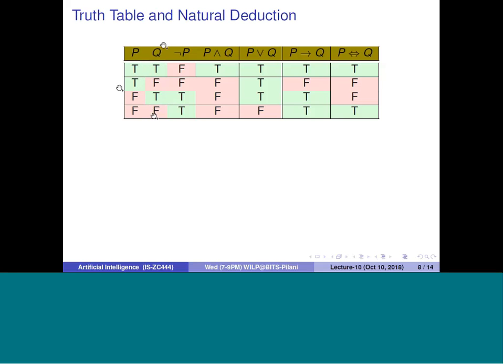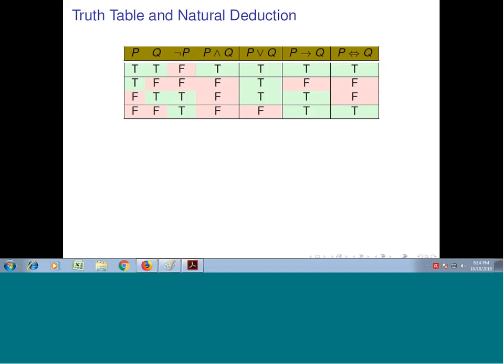These are the four possible positions. If we have two statements, P and Q, how many combinations are possible? Not P is false, false, true, true. Do you understand this? Should I explain more? I think I didn't have to explain much now.